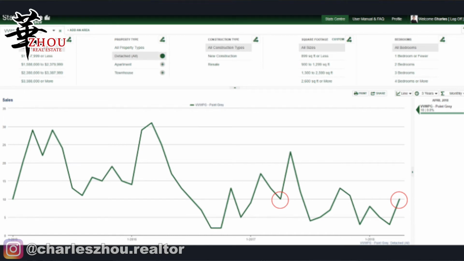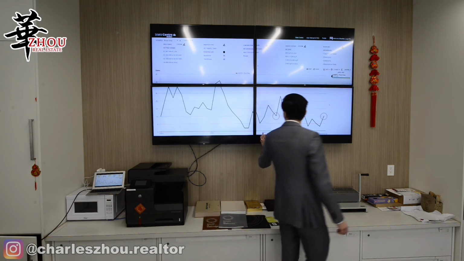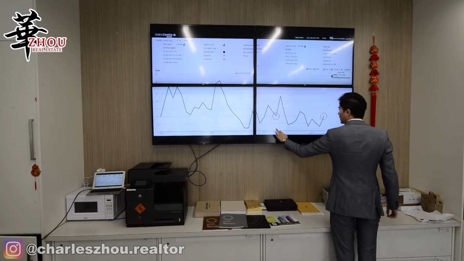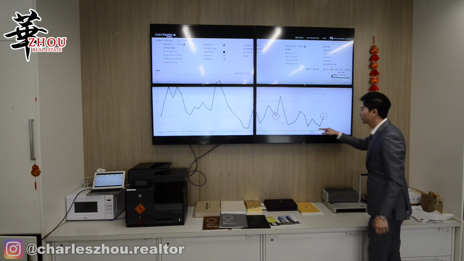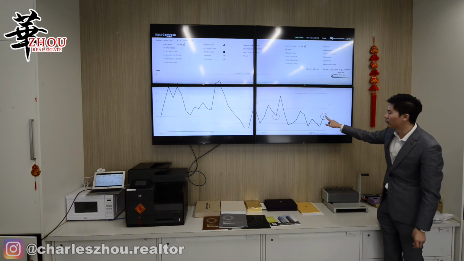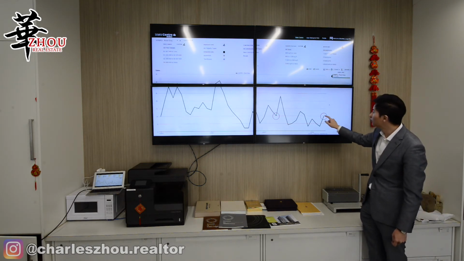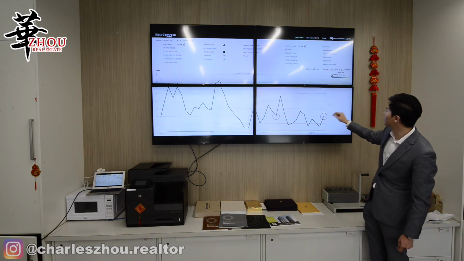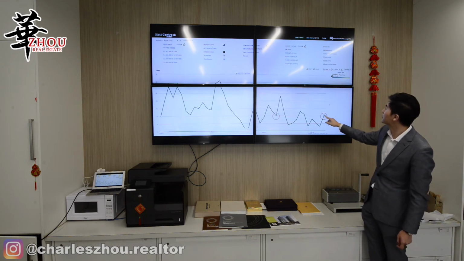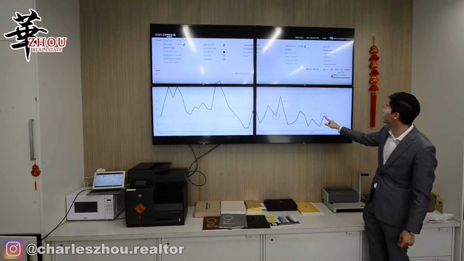This one is called sales. How many sales in the neighborhood? You can also find out that number. This is around mid-2017, and this one is about the same. Over here, it's about 10 listings a month.